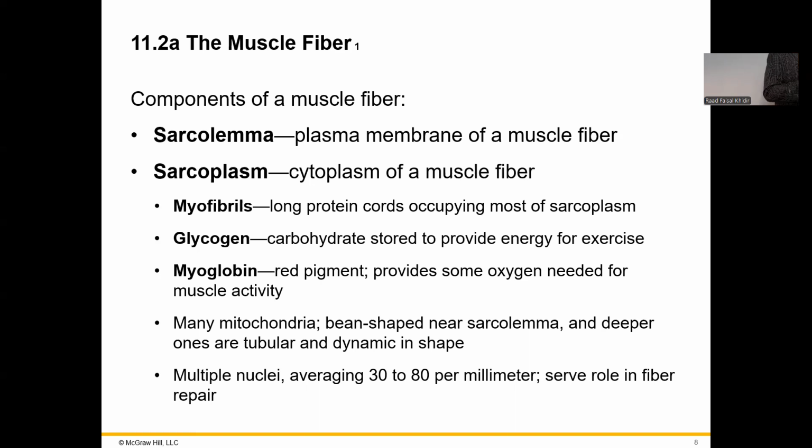That's not the only thing you see inside a muscle fiber. You also see glycogen, and that is the storage form of glucose that when we anabolize, when we build up, when we store glucose, we assemble the glucose monomers, we stack them up into a polymer known as glycogen.